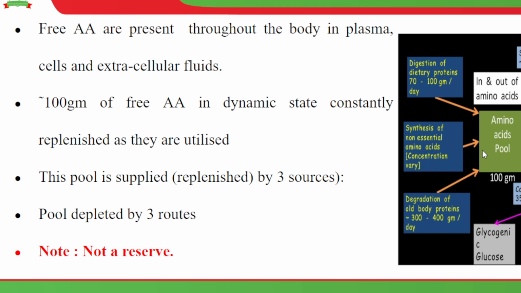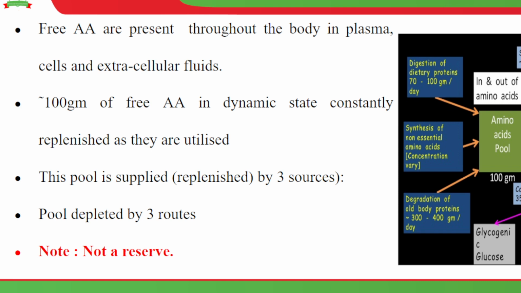Let's look at this slide where there is an image with some green things. There is what we call the amino acid pool. What you're seeing in blue is replenishing, like replacing or adding onto it, and this other one that seems to be gray is the utilization of it. I'll get to explain.